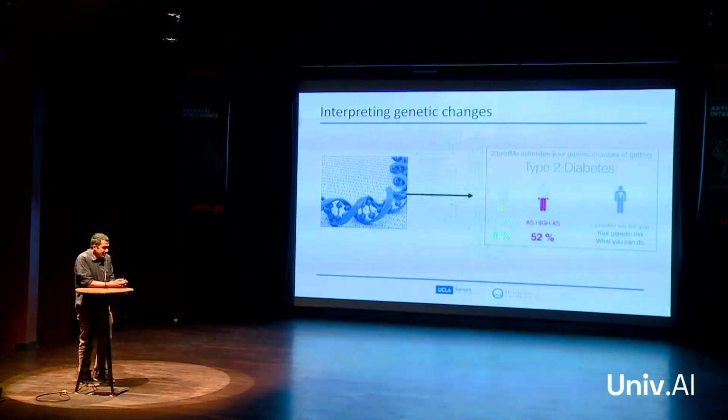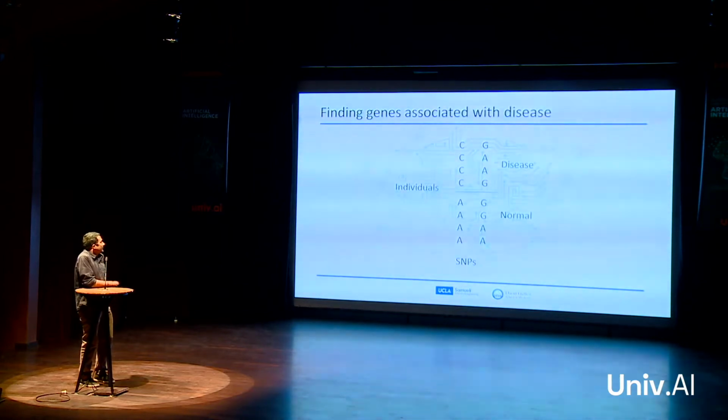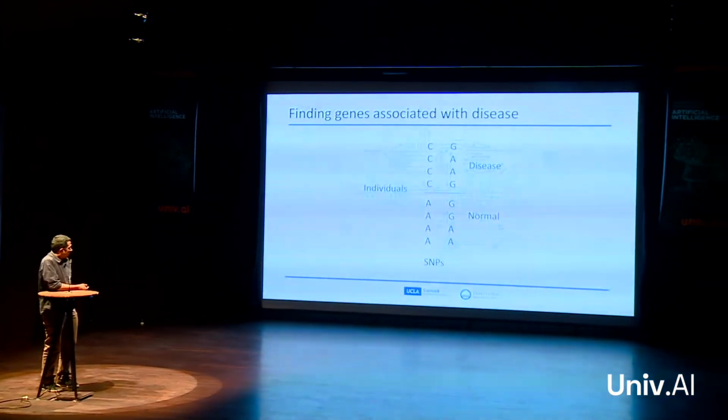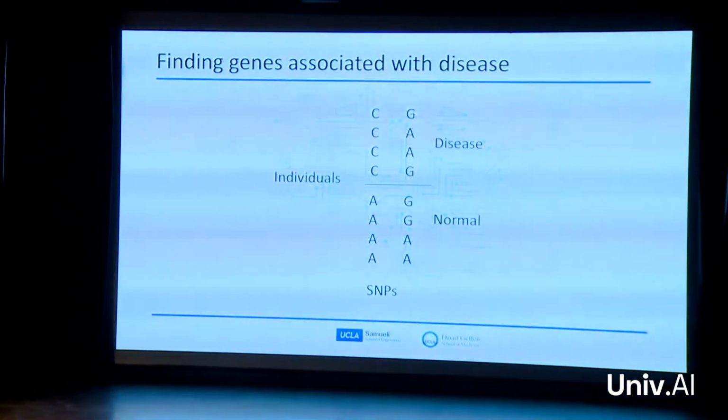One way to do this, and it's been a really powerful way, is a way which is completely blind to anything we know about biology. Next slide. In this paradigm, we're going to collect genomes from people who have disease and from healthy people. Every row here is the genome sequence of an individual.